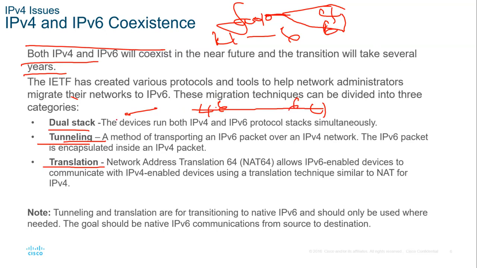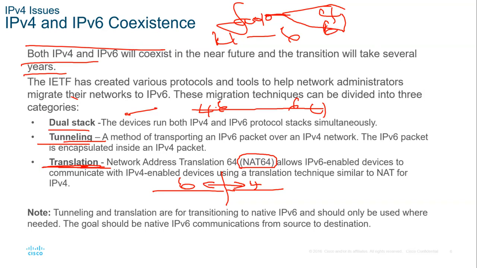Then translation: one side is IPv4 and the other side is IPv6. Every time IPv4 packets reach what we call a NAT64 device, they are translated to IPv6 packets, and the reverse is also true.